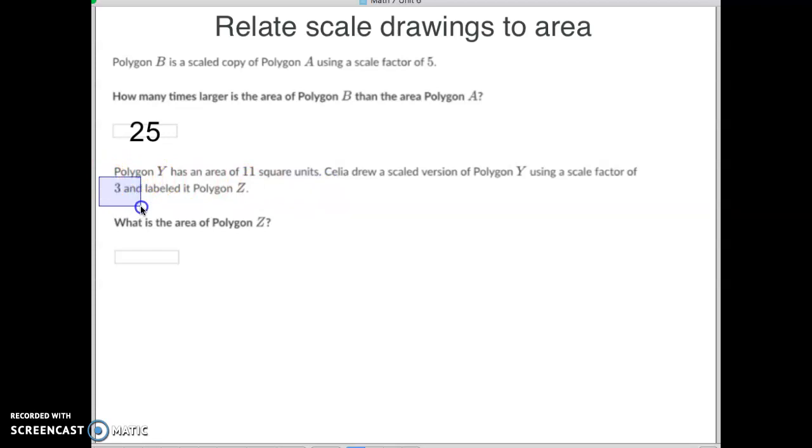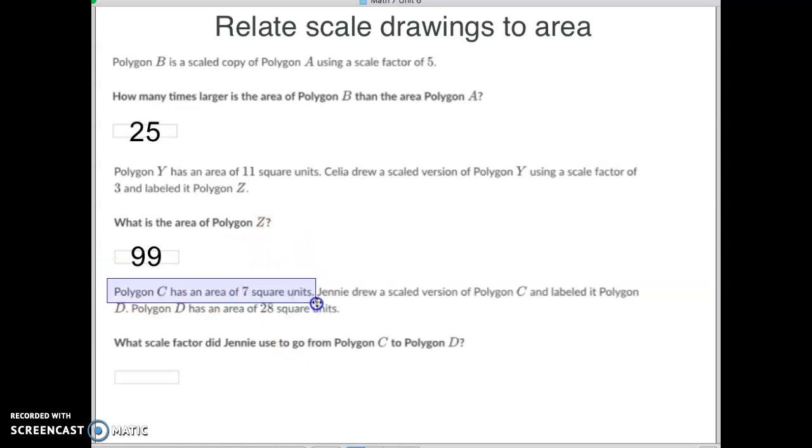We need to take the scale factor, multiply it by itself, 3 times 3, and then take whatever that is and multiply it by the area of the original one. So 3 times 3 would be 9, 9 times 11 would be 99. So the new area, if the old area was 11 and it gets a scale factor of 3, it's 3 by 3 or 9 times bigger, so 99. Let's do another one.